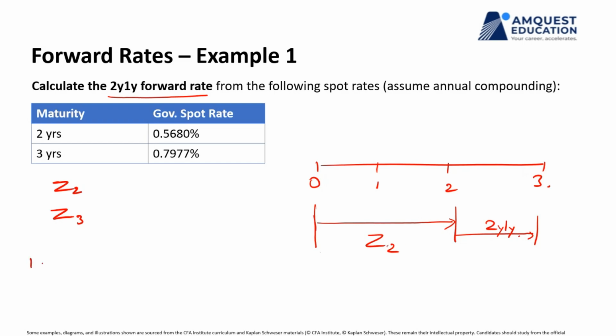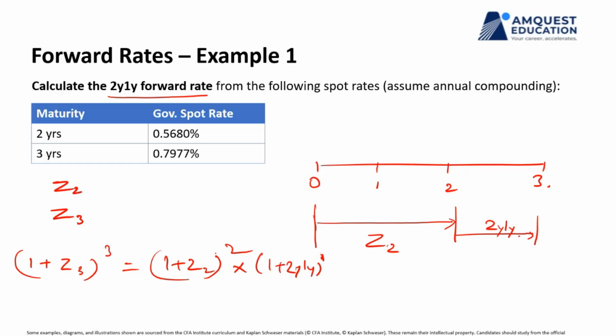So the equation will be (1 + Z3)^3 is equal to (1 + Z2)^2 multiplied by (1 + 2y1y)^1. So 3 both sides, because one other option was you take simply a 3-year loan rather than doing these two breakups.